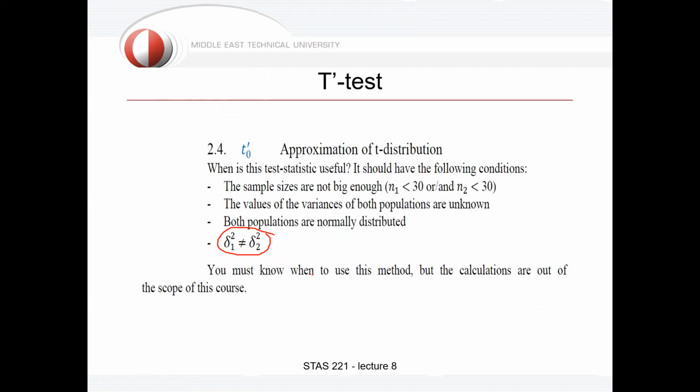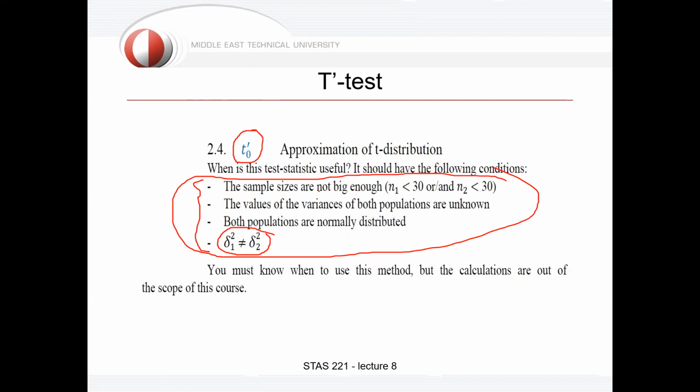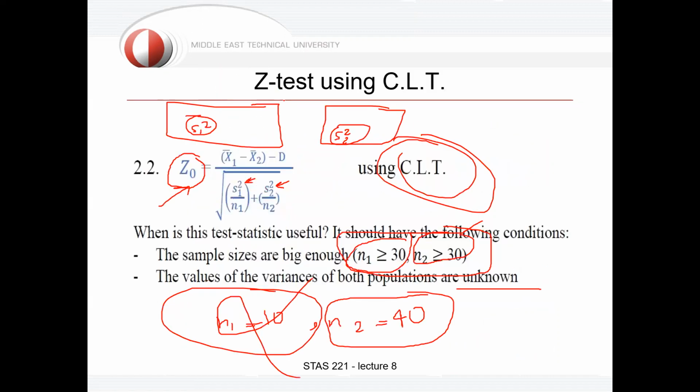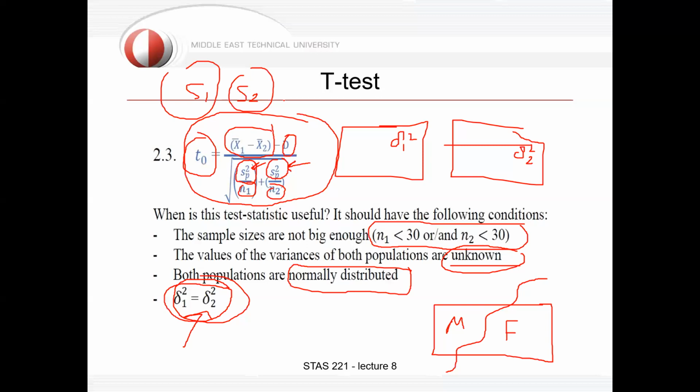But if we ask such a question in the exam, you should say we should use the approximation of the t-distribution, and mention the reason: we have these three conditions, and here actually four conditions, and because of that, I should use the approximation of the t-distribution. You can call it the t-prime test. And that would be the final answer. But for the last three cases, we need the complete solutions.